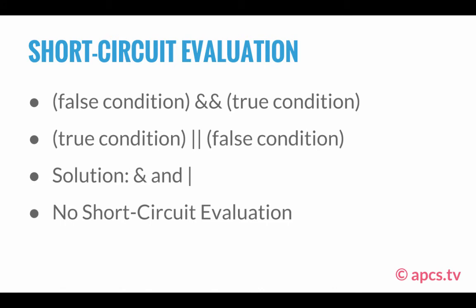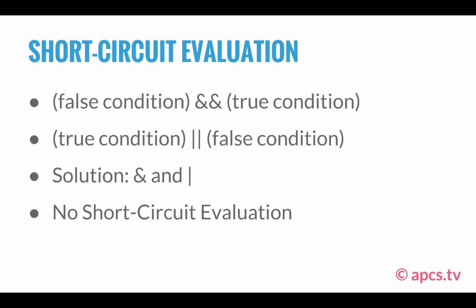So if the first condition is false, then the computer automatically knows that the complex condition will evaluate to false, and that's why it doesn't even bother to look at the second condition, which could be true or false, because it has no impact. This is known as short circuit evaluation, because think of this as a circuit, the computer going through the entire condition, and it's taking the shorter route because it already knows the result.